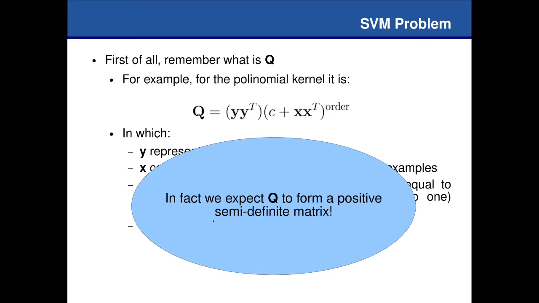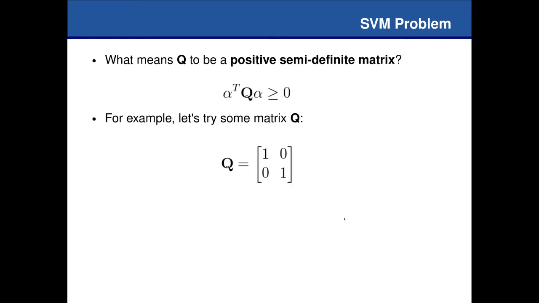So in fact, we expect Q to be a positive semi-definite matrix. What is that? That means every time I multiply some vector alpha transposed by Q by alpha, it has to produce some result greater than or equal to 0.